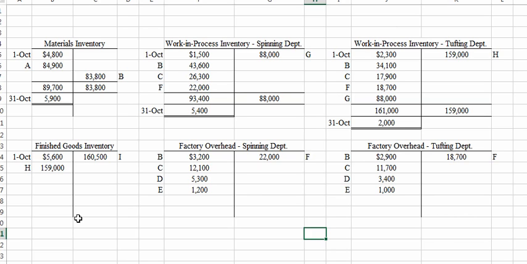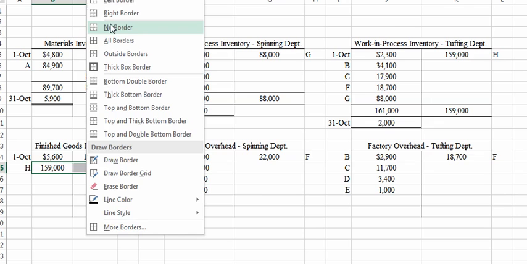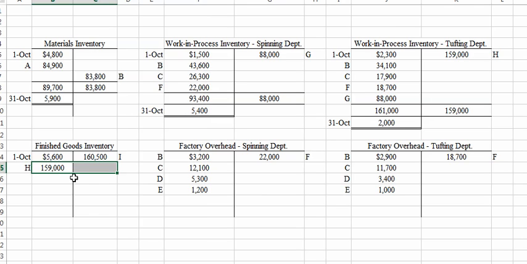Okay, let's keep moving. Let's total these up. Debit side again is larger, as we would expect.